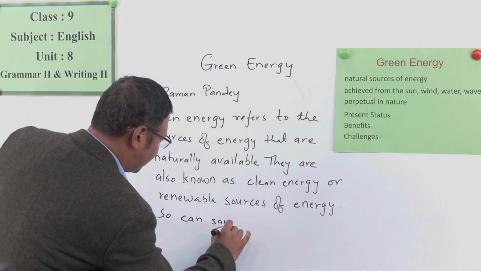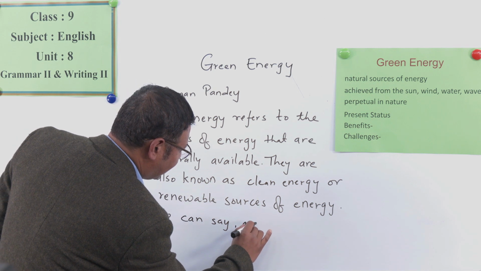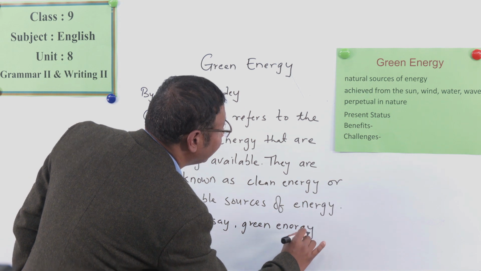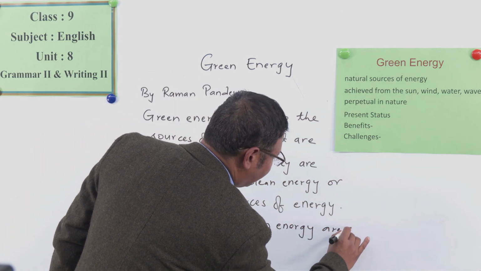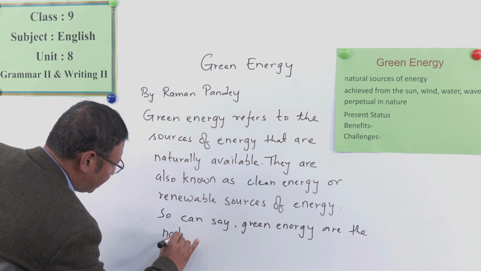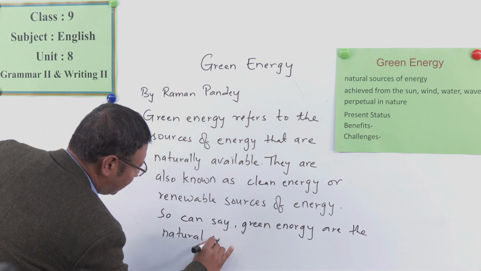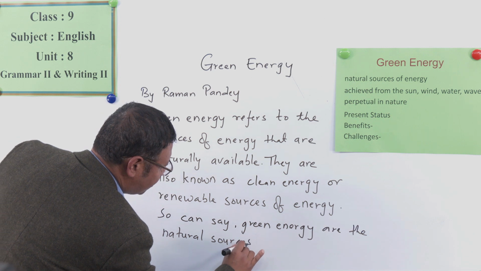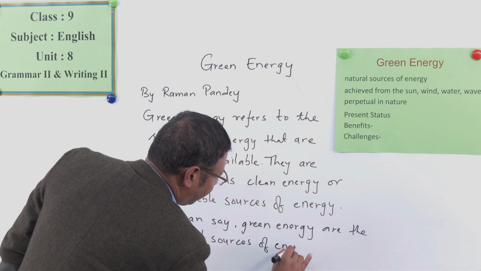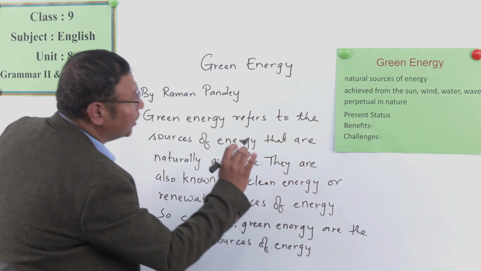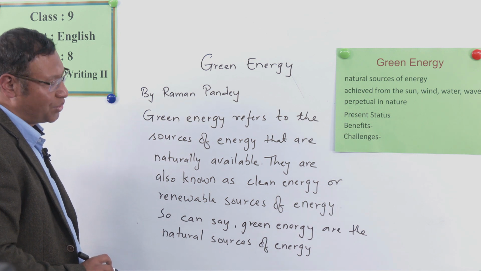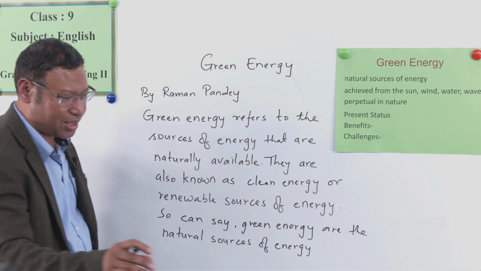So we can say green energy are the natural sources of energy which are achieved from the sun, wind, water, wave, etc. You can write that way.